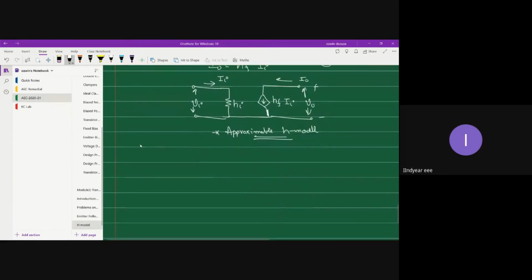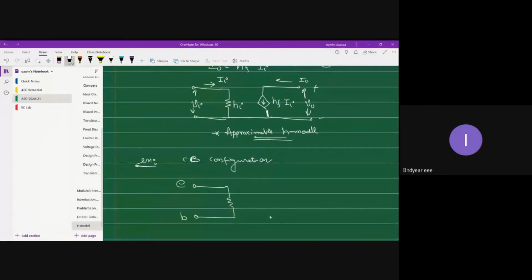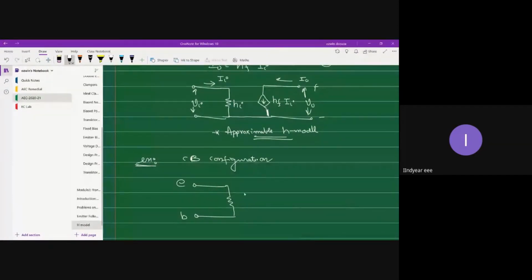For example, if you consider CE configuration, say for example, I'll consider CB because I have already handled CE configuration while explaining the exact equivalent circuit. Just for a change, let me take CB configuration. If you have taken CB configuration, then your approximate hybrid model would have these terms in it. This would have been HIB.